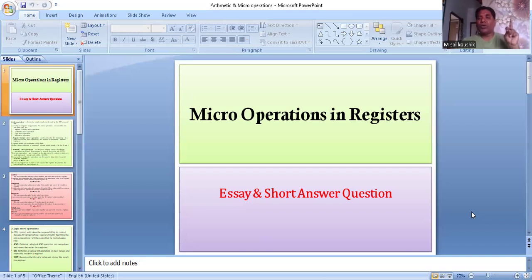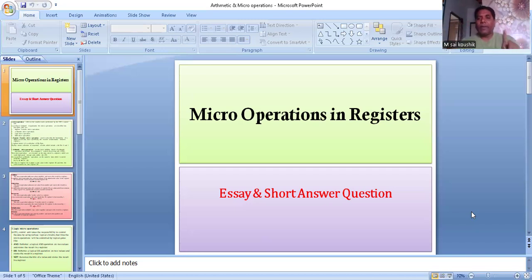But the control unit is a very, very important factor. Why? Because if you want different categories in the CPU to function, that activation is done by this platform, called the control unit. The control unit is not the only area to activate data; it works with the help of the remaining components.